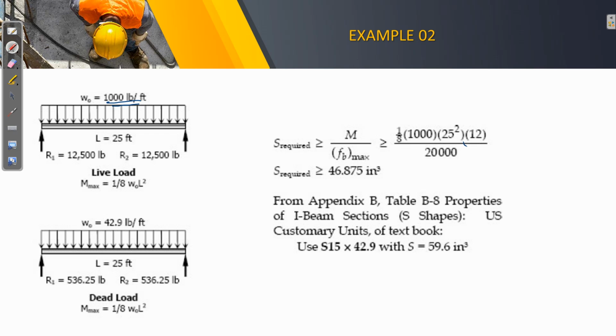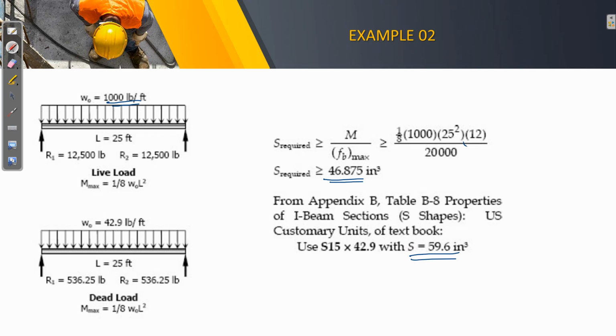So we can now get 46.875 cubic inches. And then from the table of properties of I-beam section S shapes, we have selected a section with S greater than this one.